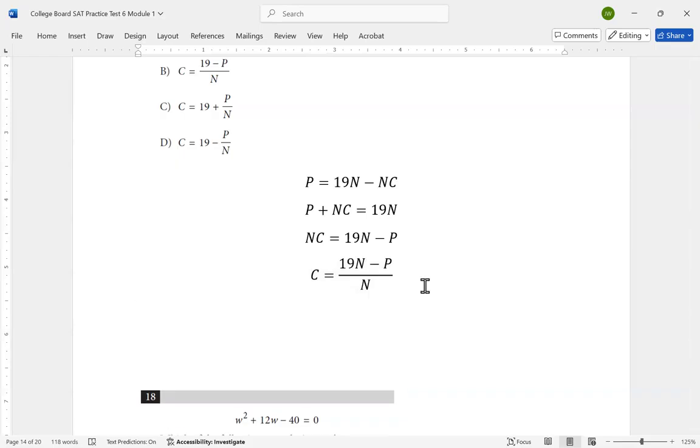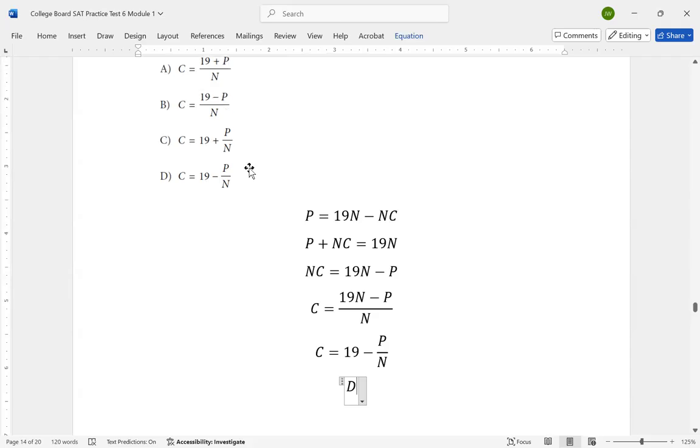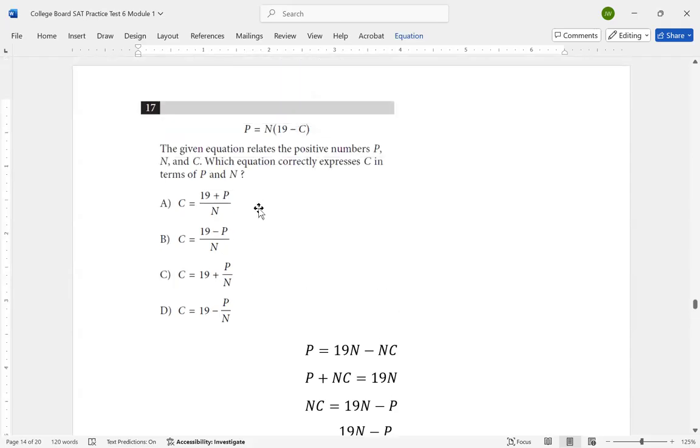So I will rewrite this as c equals 19n divided by n is just 19. And then p over n can't be simplified. So that's going to be a minus p over n. And the answer, therefore, is D. c is equal to 19 minus p over n. So that's option D. So the answer to question 17 is option D.